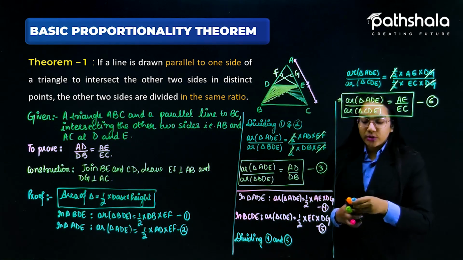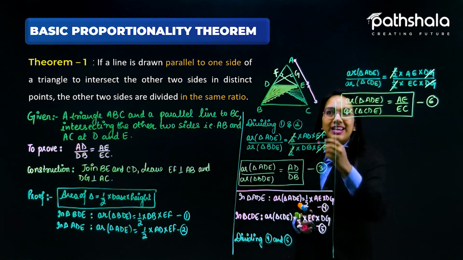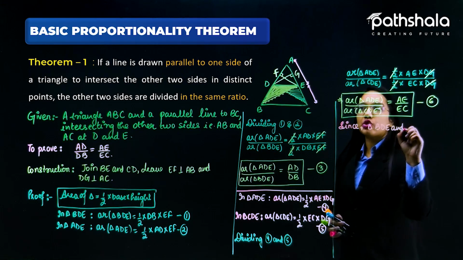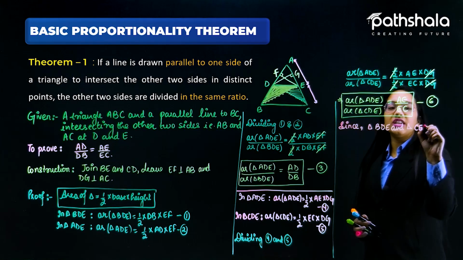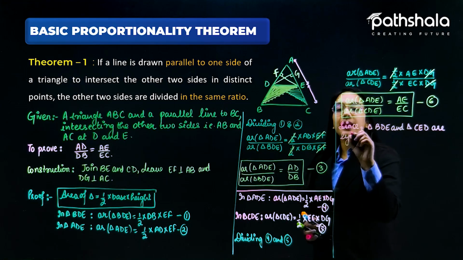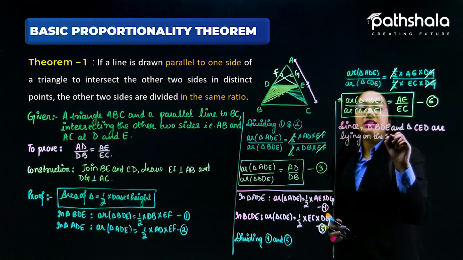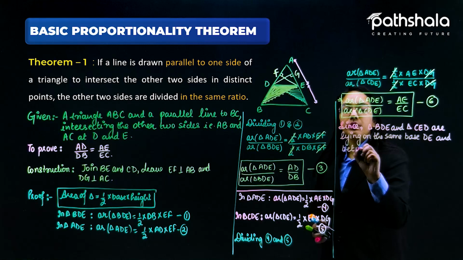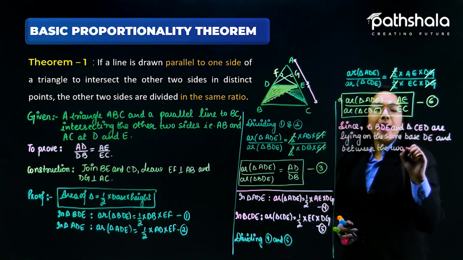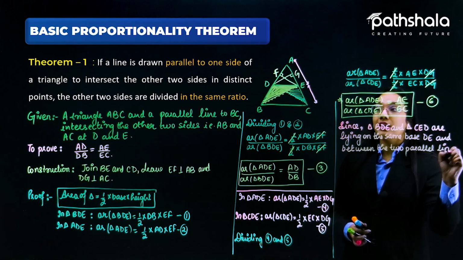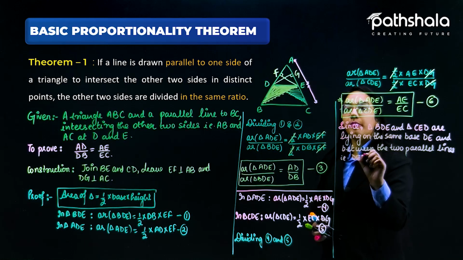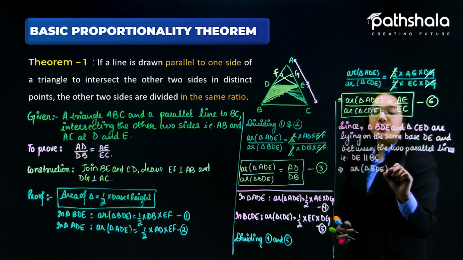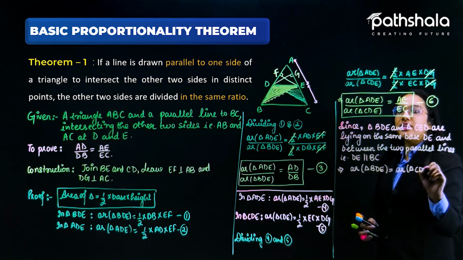Now, if I'm just talking about only these two triangles, we can say that since the triangle BDE and triangle CED are lying on the same base DE, and between the two parallel lines, that is DE parallel to BC, it implies that the area of the triangle BDE is the same as the area of the triangle CDE.